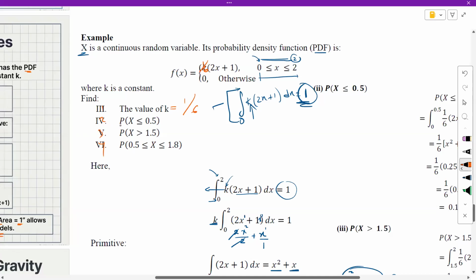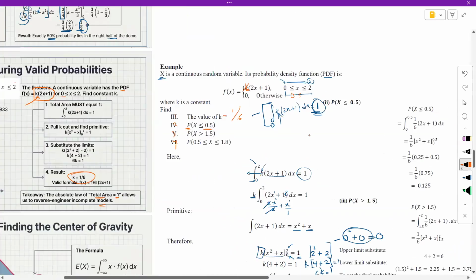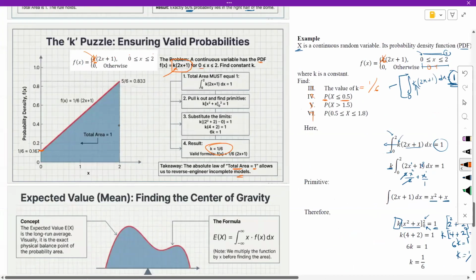Another question: what's the probability that x takes 0.5? It is within the range. This is the graph, at the range 0 to 2.